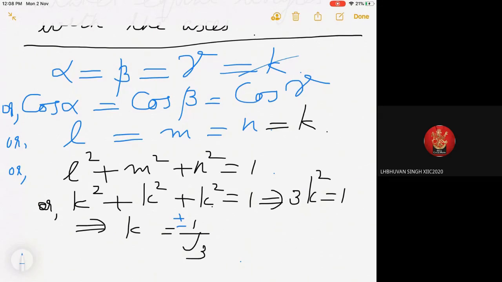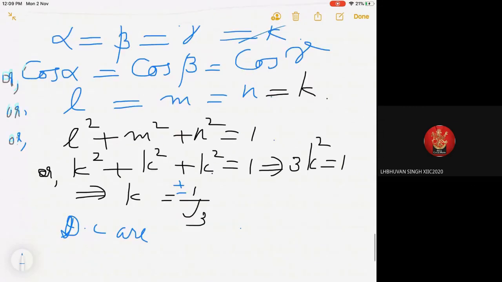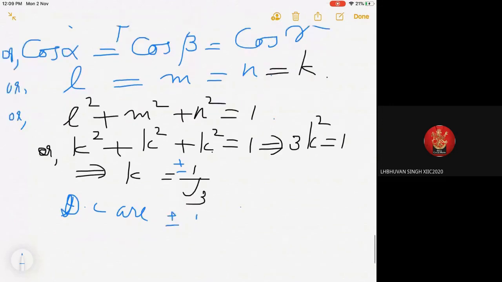Now I can find the values of L, M and N because they are all equal to K. So the direction cosines are plus or minus 1 by root 3, plus or minus 1 by root 3, plus or minus 1 by root 3.